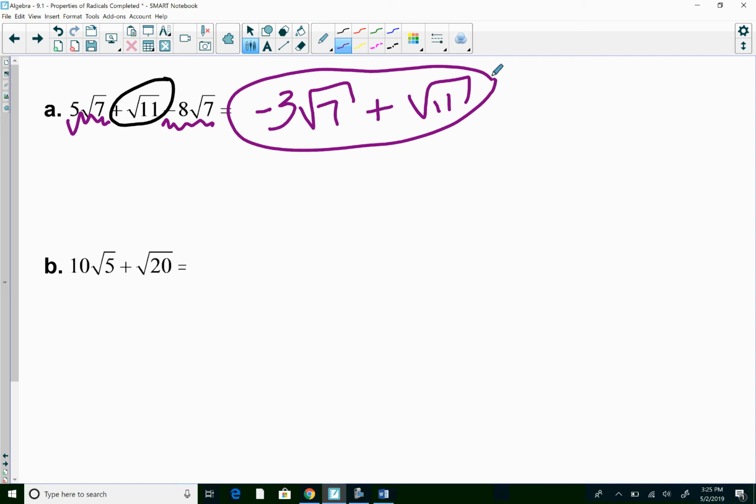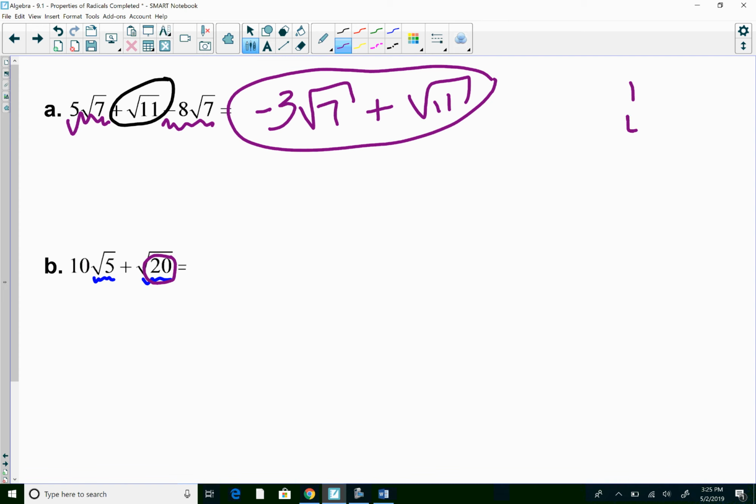So problems like letter A are just a matter of finding the same radical. But now with letter B, this time we do not have any noticeable like radicals. You have to start getting really good at recognizing that this 20 here has a perfect square inside of it.